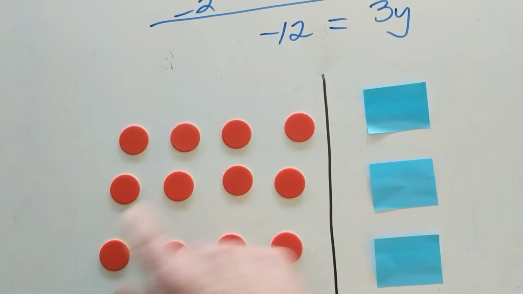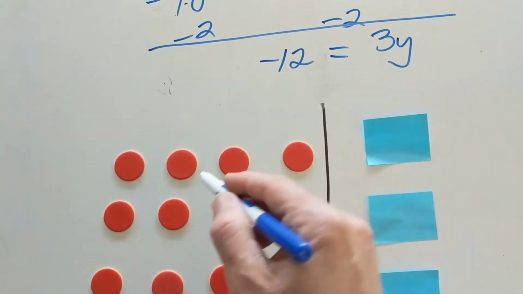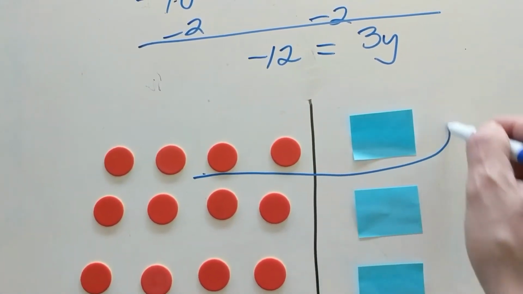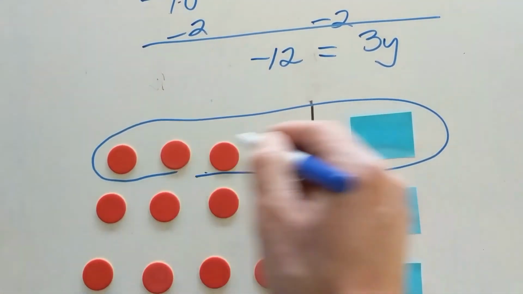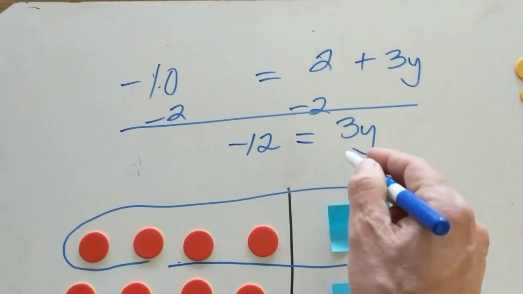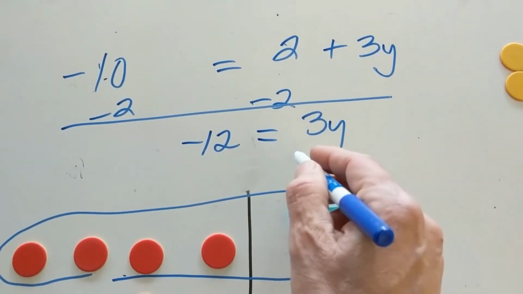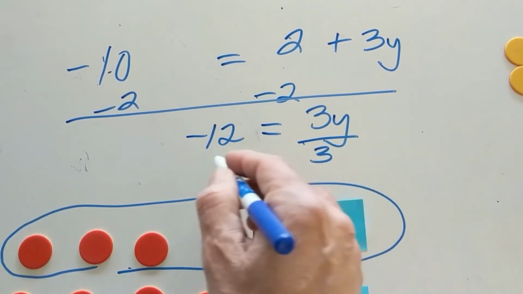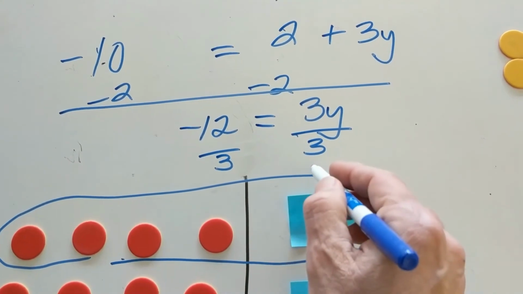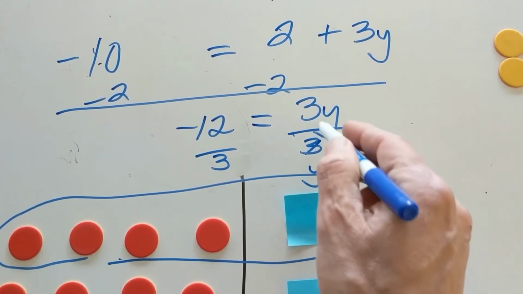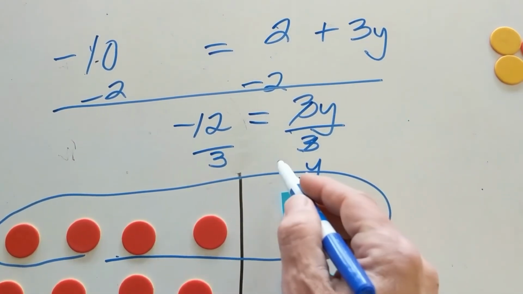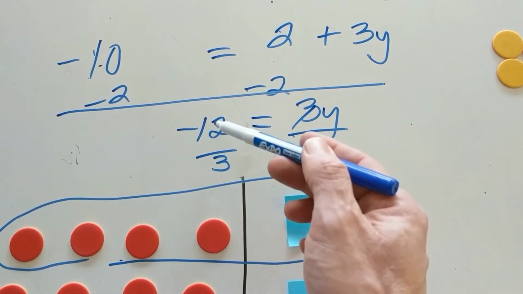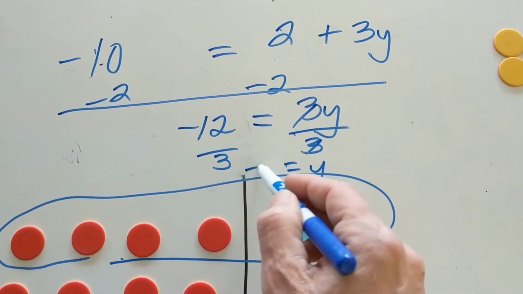So the solution for this equation will be y equals 4. Doing that just with the numbers, I'm going to divide both sides by 3. I'll be left with y over here because the 3's cancel out, and negative 12 divided by 3 is negative 4.